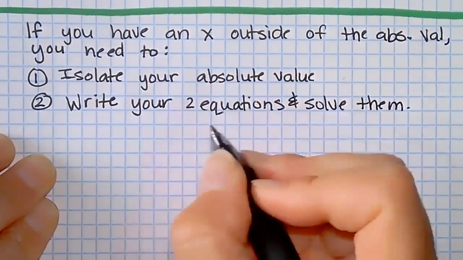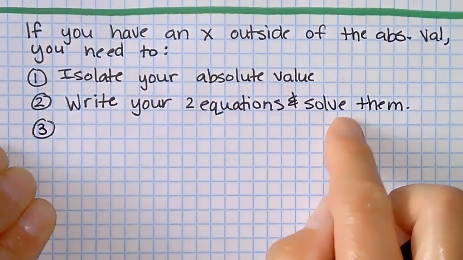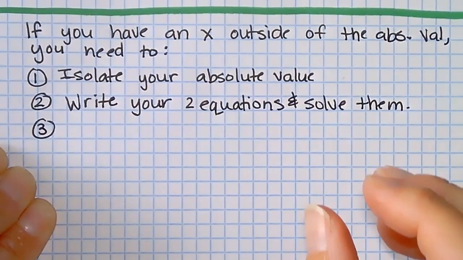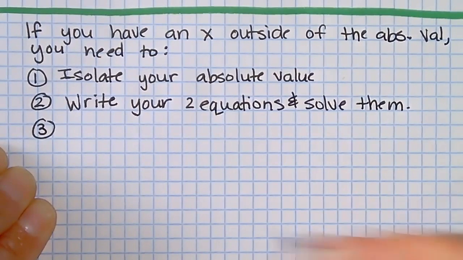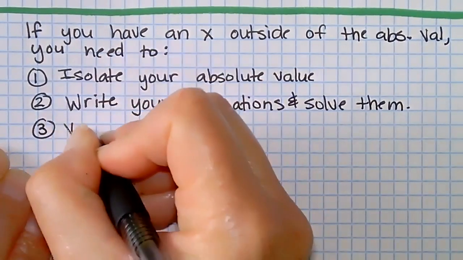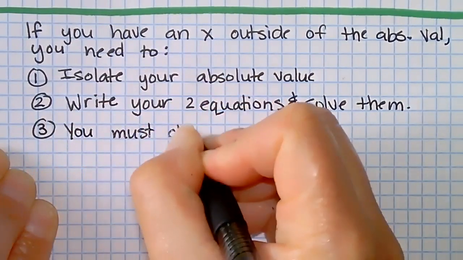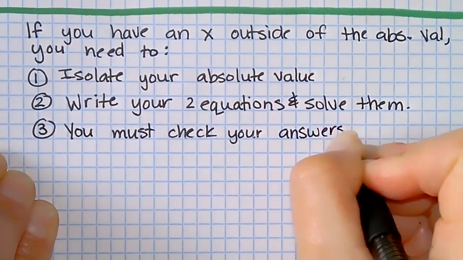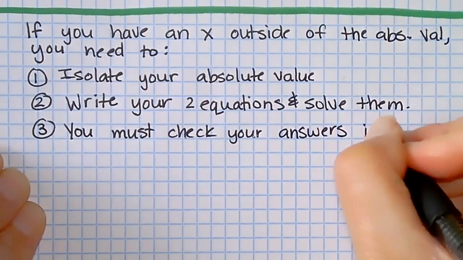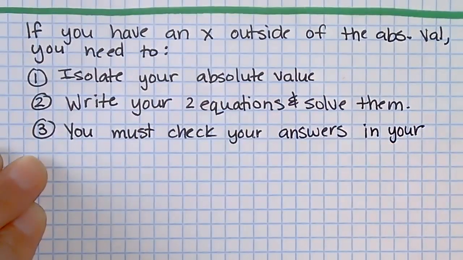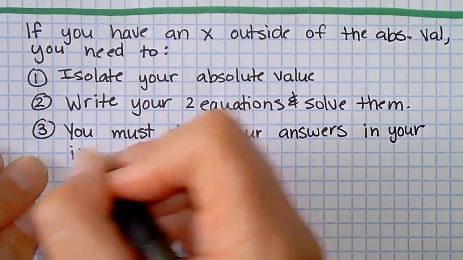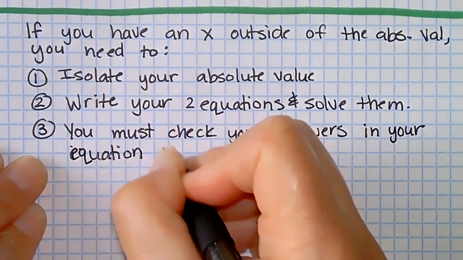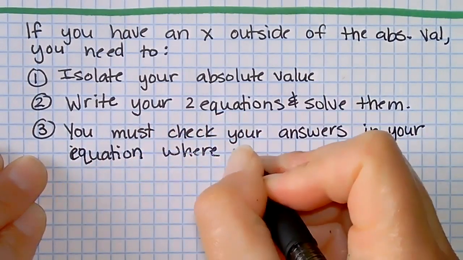Okay, now here's where the extra step comes in. You solve them, but again, we don't know if that x on the other side was going to be a positive or a negative. And when I say x, I really mean the whole side. So what you must do is check your answers in your equation where you isolated your absolute value.